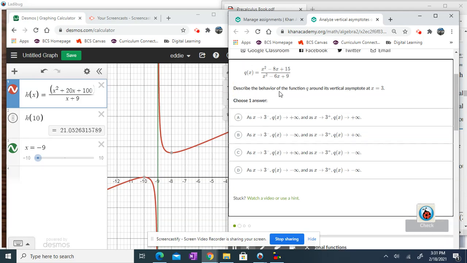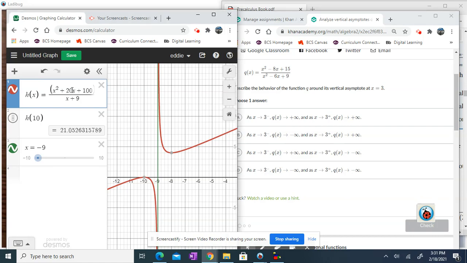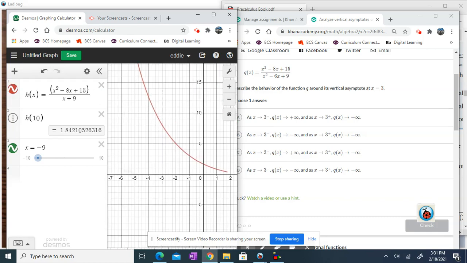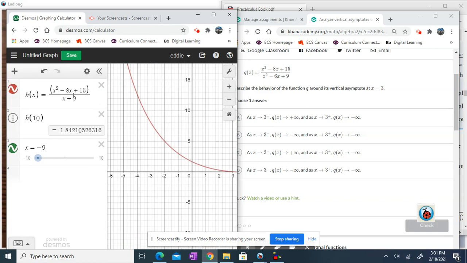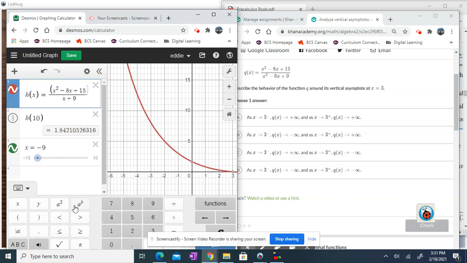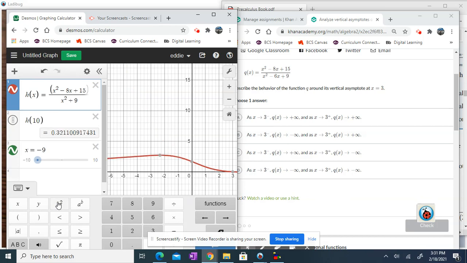It says describe the behavior of the function q around its first vertical asymptote x equals 3. All right, so let's graph this thing. So this is going to be x squared minus 8x plus 15 over x squared minus 6x plus 9.